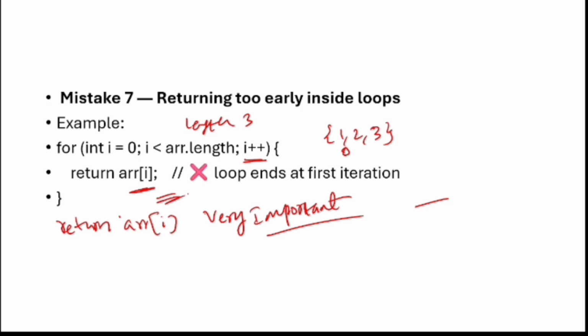So when you want to iterate all the elements, the return statement should not be present inside the loop. So these are some common mistakes a beginner can commit while writing code. Hope you understood this and hope you like this session.